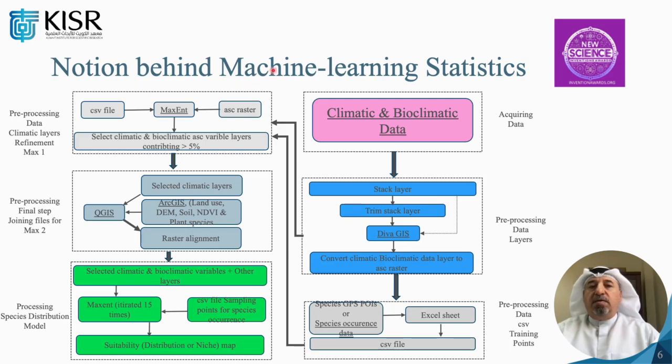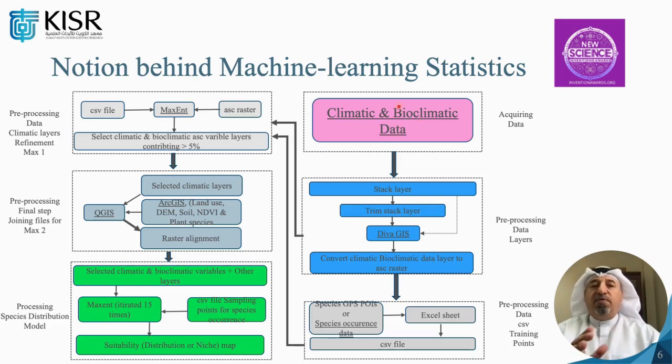The main technique here is, we use ANCOVA, okay? So from the training points and from the climatic and bioclimatic data, as you can see here, with the processing and pre-processing steps stated in the flowchart, we end up with the distribution map stating the suitability or the probability of how probable the species would occur at this point or that point.